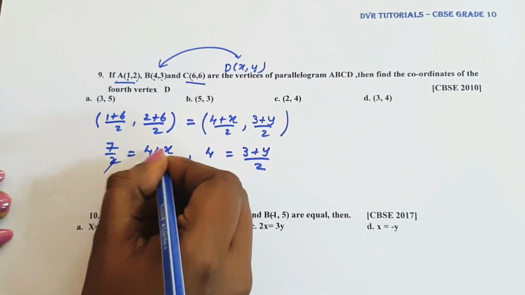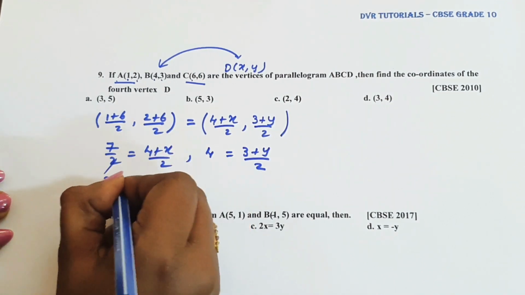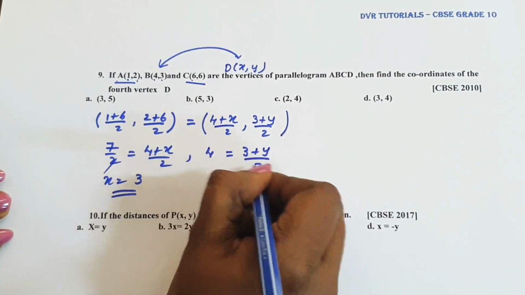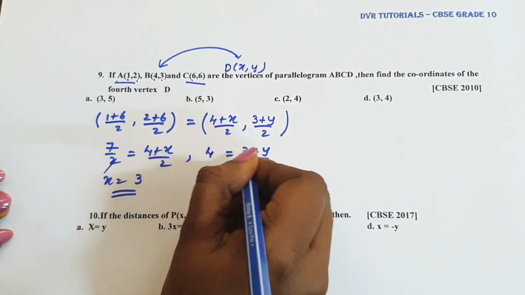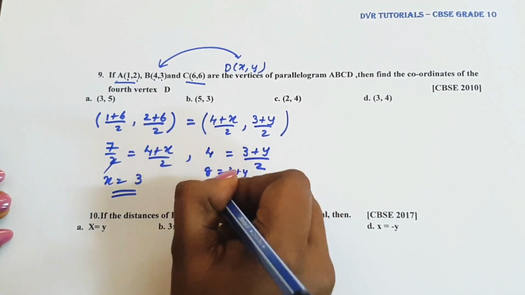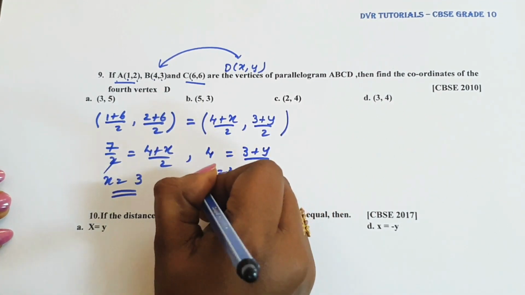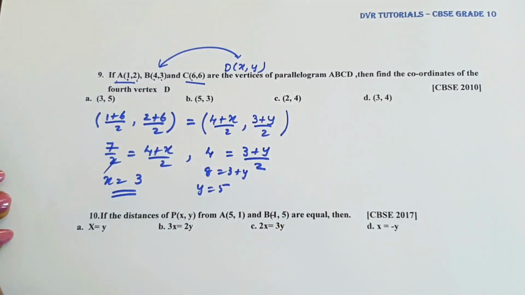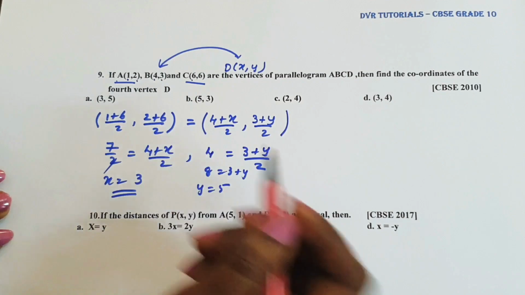So 2 and 2 get cancelled. So from this, x is equal to 7 minus 4, which is equal to 3. And over here, 2 times 4 is 8. I'll write that step. 8 is equal to 3 plus y, and from this y is equal to 8 minus 3, which is equal to 5. So which is our answer? 3 comma 5, option A.